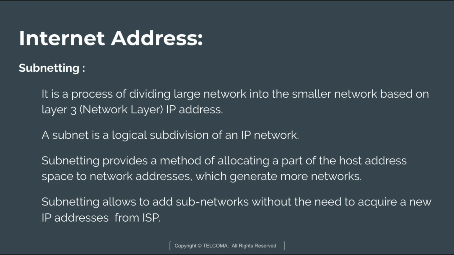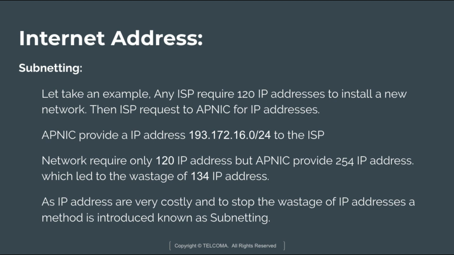So let's discuss this subnetting with an example. An ISP, that is an Internet Service Provider, requires 120 IP addresses to install a new network. So there are 120 devices, and they want to install a new network. For that the ISP requests IP addresses from APNIC. APNIC provides an IP address, 193.172.16.0/24.